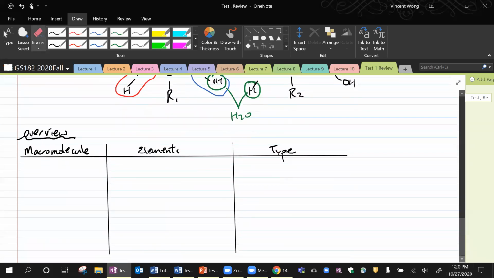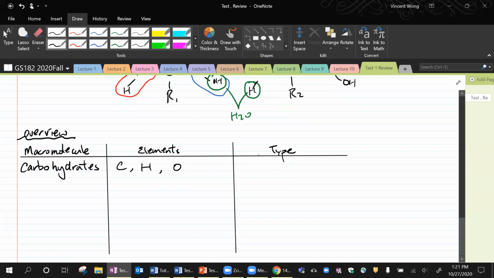Okay, so macromolecules. We have carbohydrates, for example. The elements in carbohydrates include carbon, hydrogen, and oxygen.